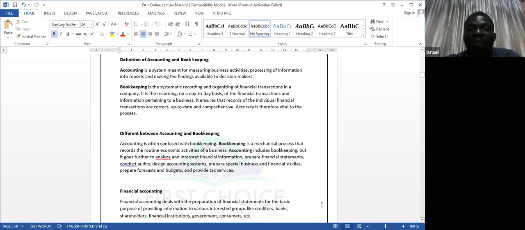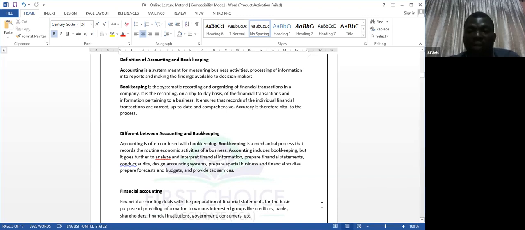Now, after we have addressed the types of form of business that we have, it's very important for us to now talk about some key definition terms in financial accounting. The first one we want to talk about here is accounting and bookkeeping, and we want to differentiate the two so that we have a clearer and better understanding. Accounting is actually a system meant for measuring business activities.